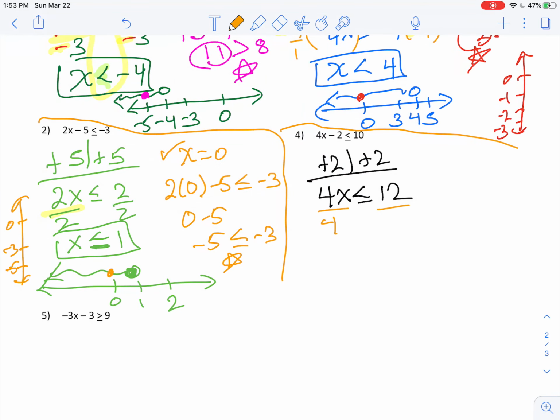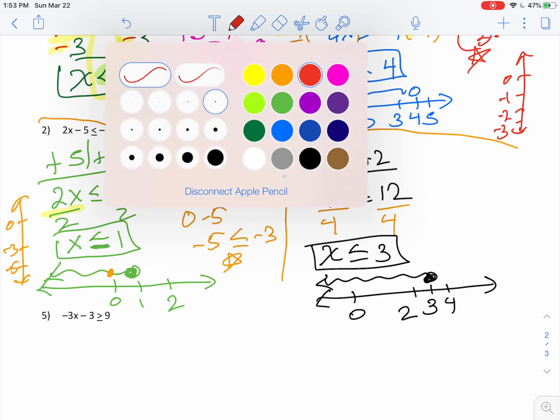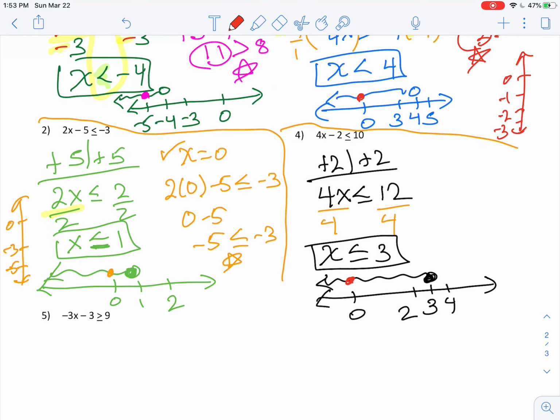Adding, nothing changes. Divide by a positive number, nothing changes. Okay, decide what you're going to do with that open dot. All the numbers that are less than 3, and then we check.